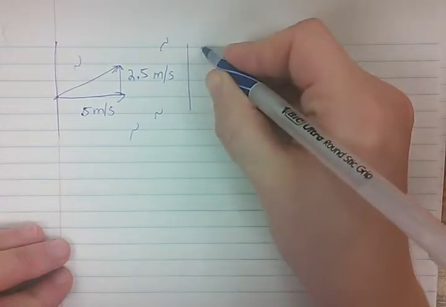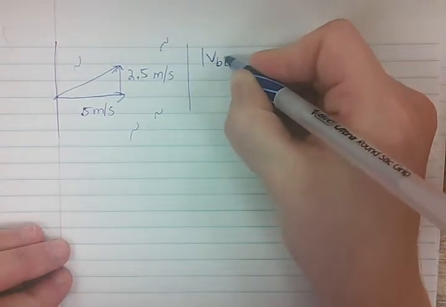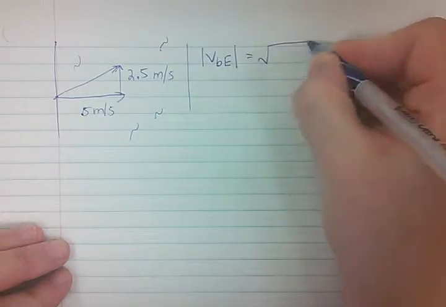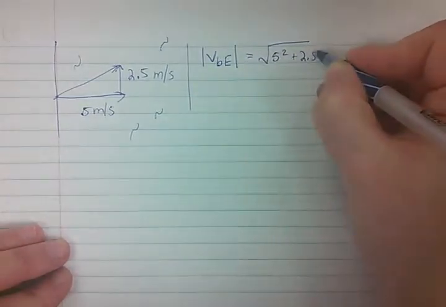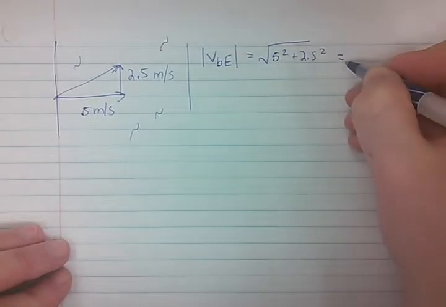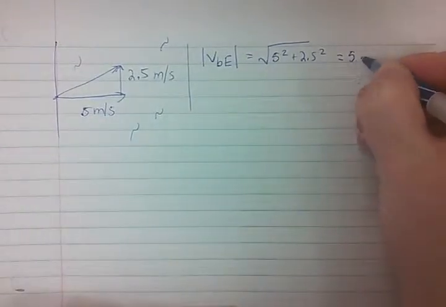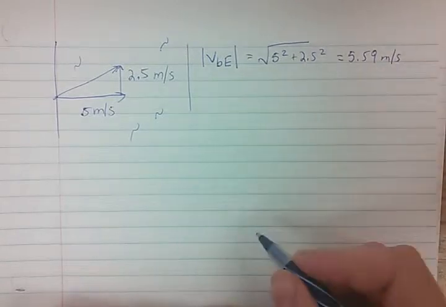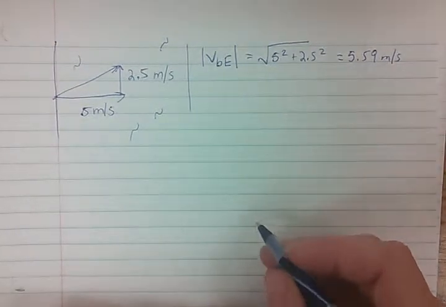The magnitude of the boat relative to the Earth, BE, is equal to the square root of 5 squared plus 2.5 squared. And you should get 5.59 meters per second.